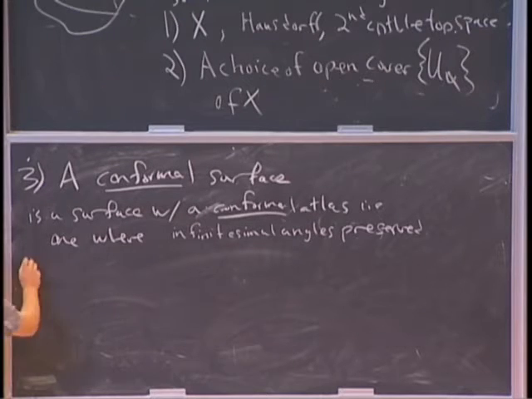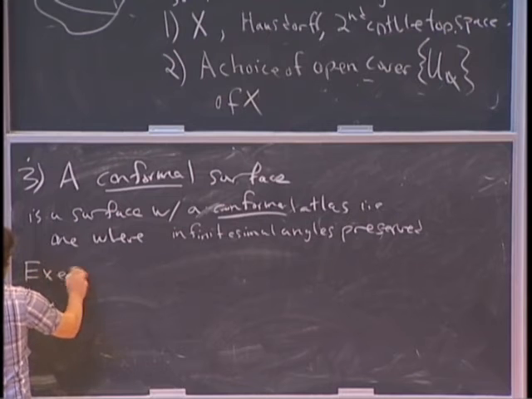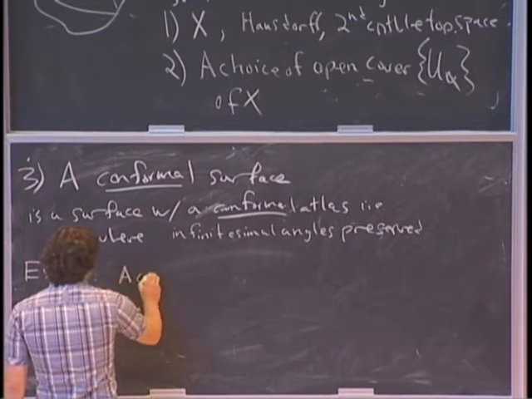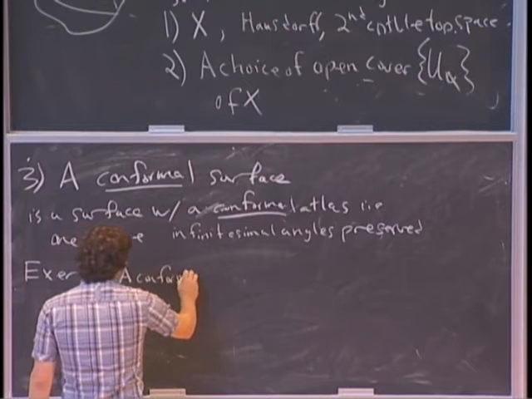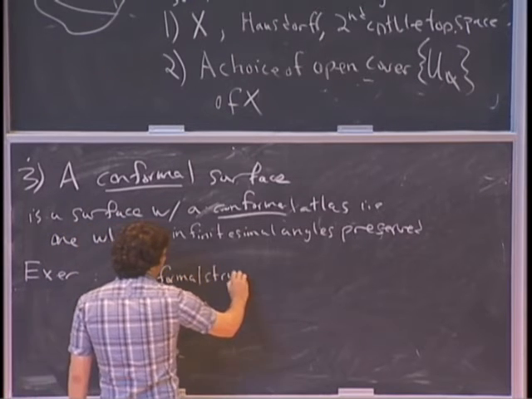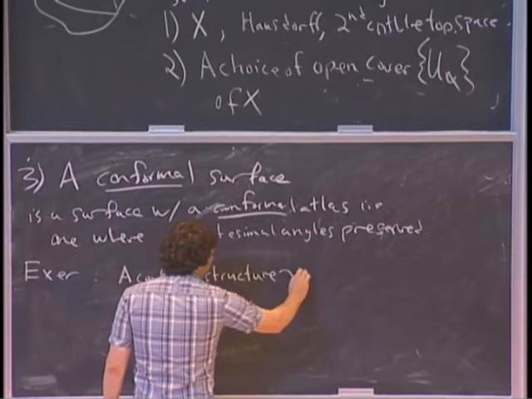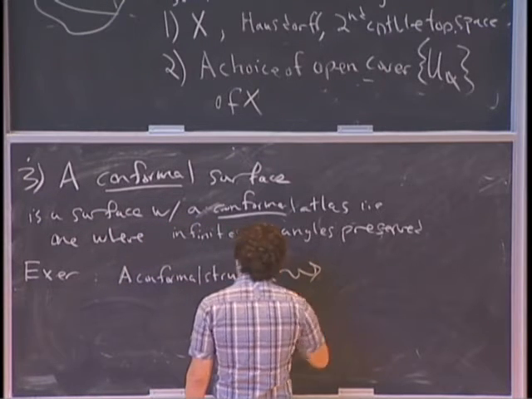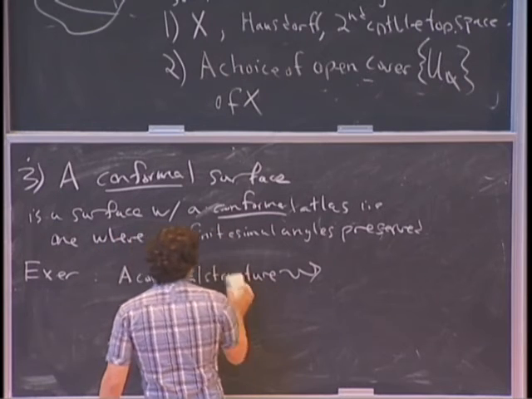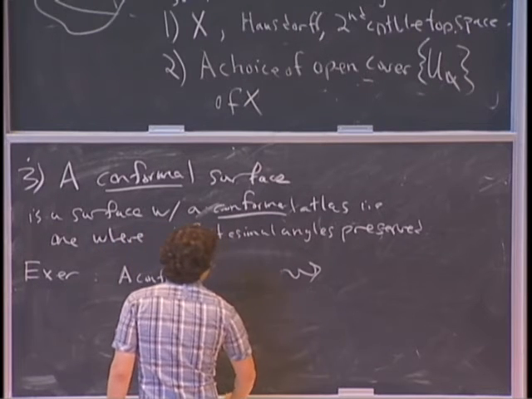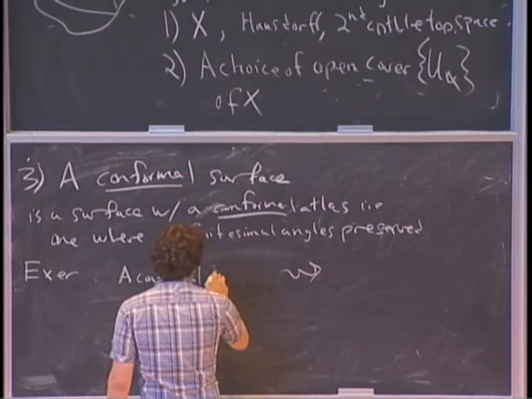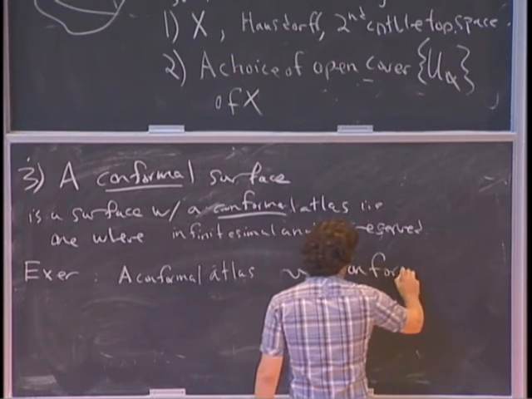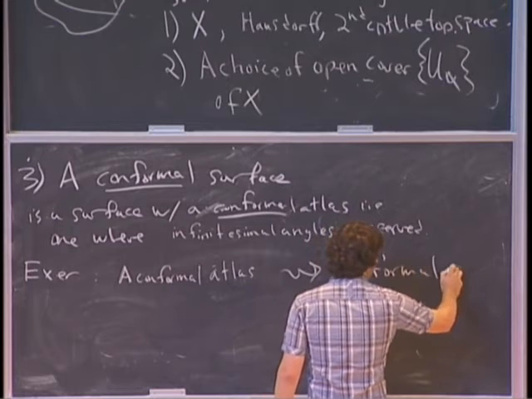So again, the exercise has two parts. One part is easy: a conformal atlas goes to a conformal class structure, say.